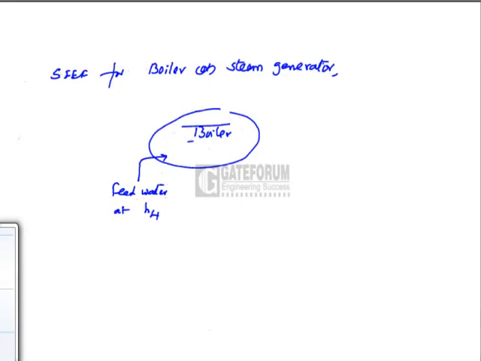What is generated in the boiler is high pressure, high temperature superheated steam at an enthalpy of H1. This is only for the boiler piping I am writing, not for the boiler furnace.